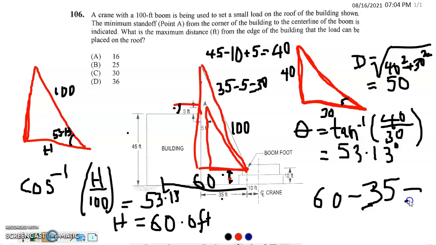And that should give you 25 feet. And I believe that's your answer. It's easy, you just have to know your Pythagorean theorem. I'm getting B as my answer. I hope that's what the answer is. Let me just double check to make sure that we did it right. So yes, that's the answer.